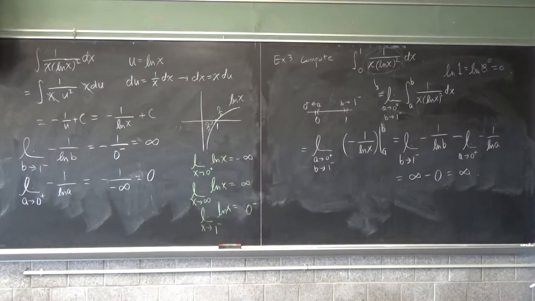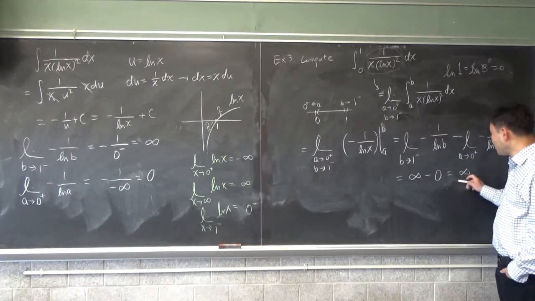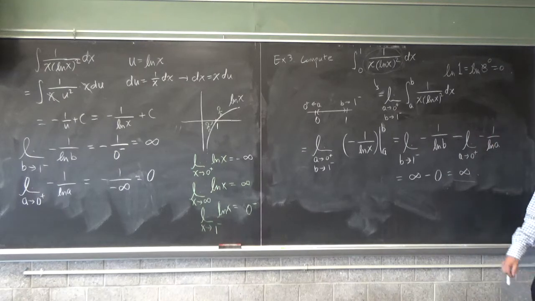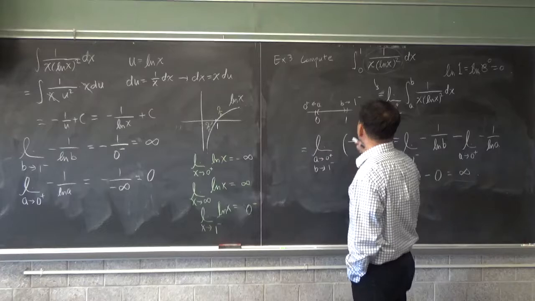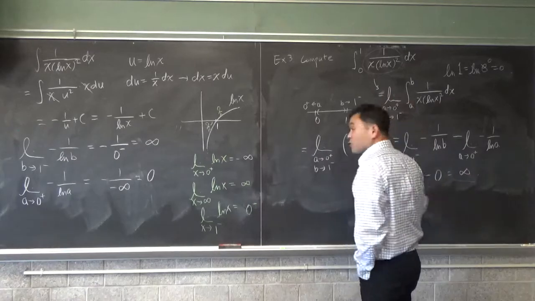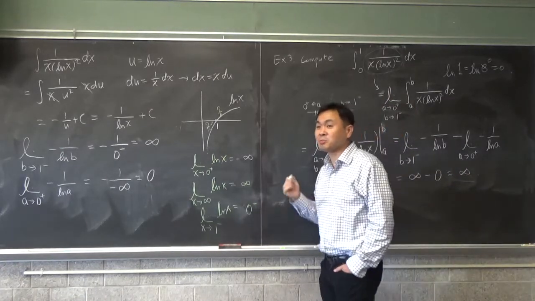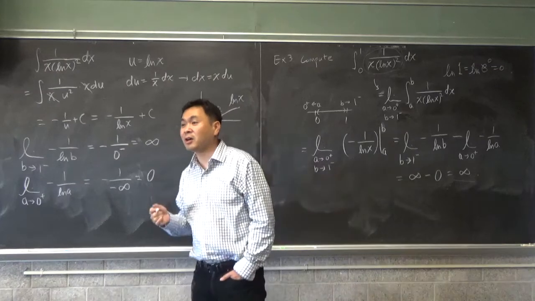So that's a bummer. I mean, you put so much work into this only to find out that the answer is that it doesn't exist. However, I still want to say that this does have a tiny bit of information about this integral because at least it's not giving you negative infinity. It gives you positive infinity. Now, why is that important?